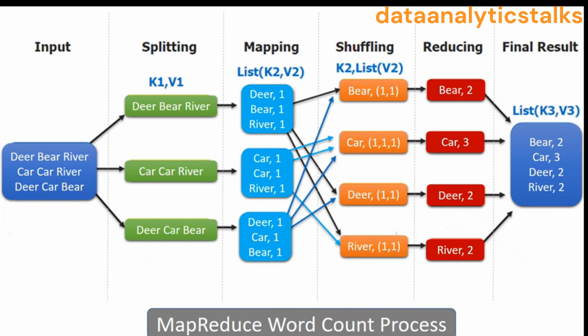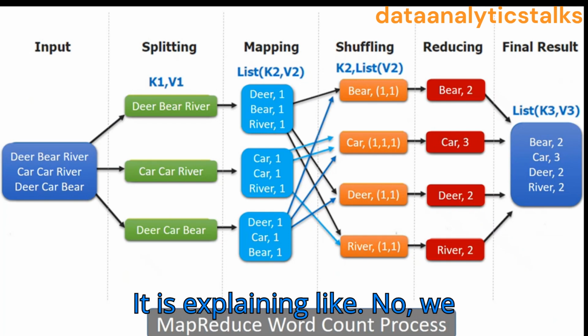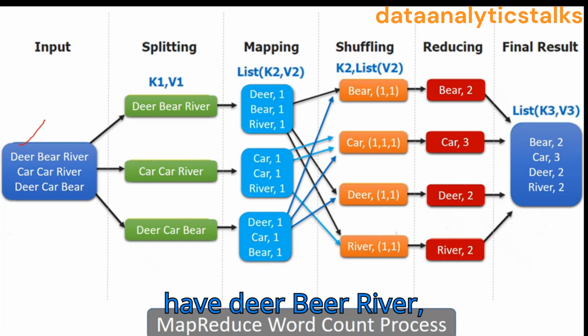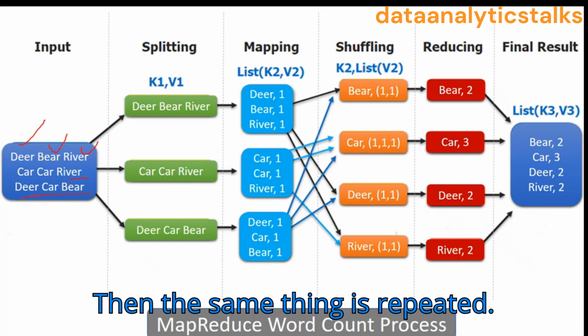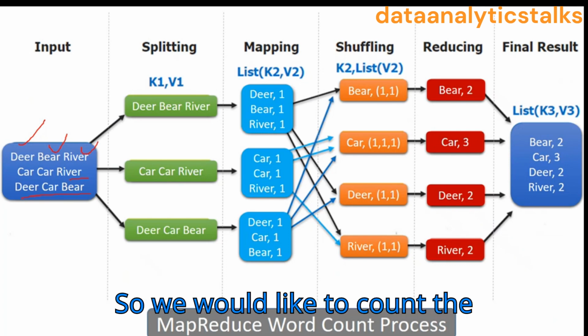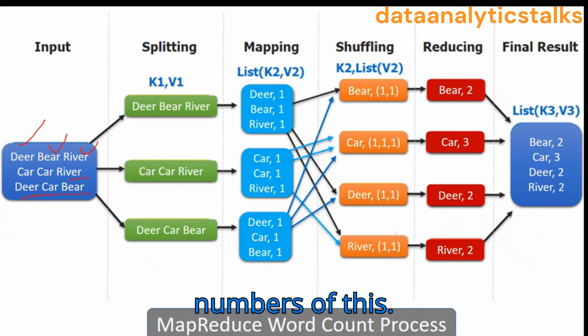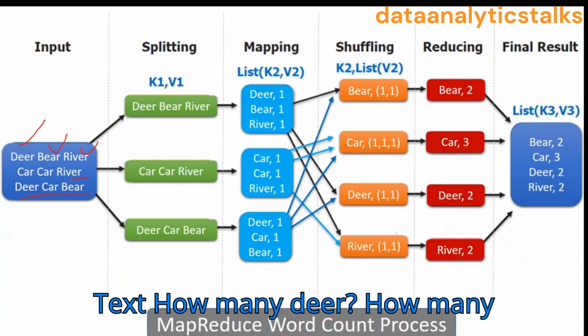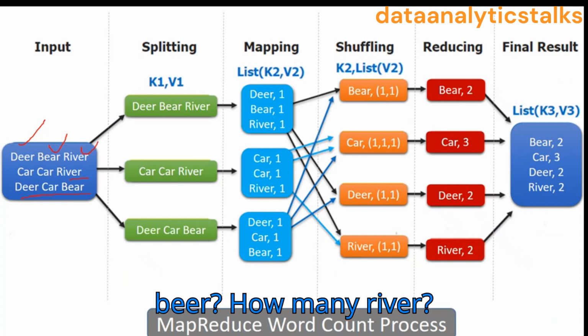We have a chunk of data: deer, beer, river, car, river, and then the same thing is repeated. We would like to count how many deer, how many beer, how many river.